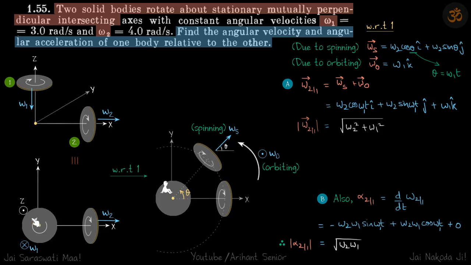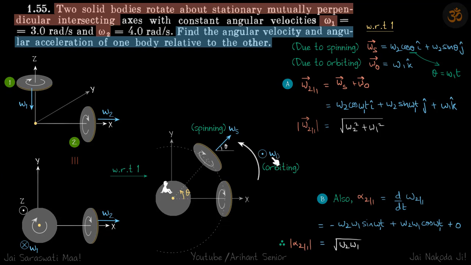If the plate initially was rotating in a clockwise manner, and if you observe the motion from the plate, then everything else will appear to rotate in a counterclockwise manner. So this wheel will appear to rotate counterclockwise. Let's call that motion orbiting, and the wheel is also spinning on its own axis, so let's call that spinning.